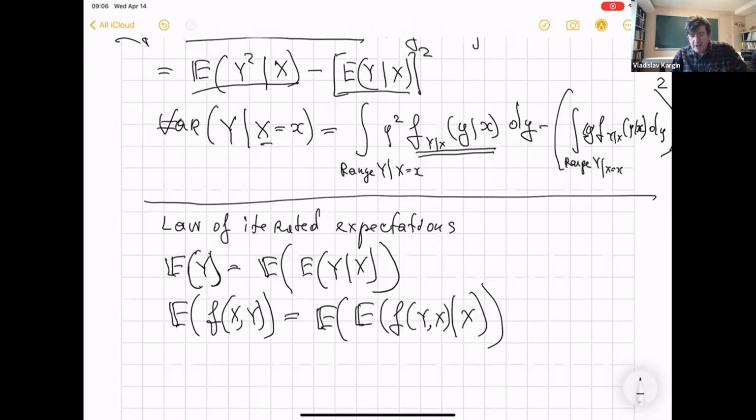It's useful because if you want to calculate the expectation of some function of x and y, you can fix x, and for every x, calculate the expected value of this function.